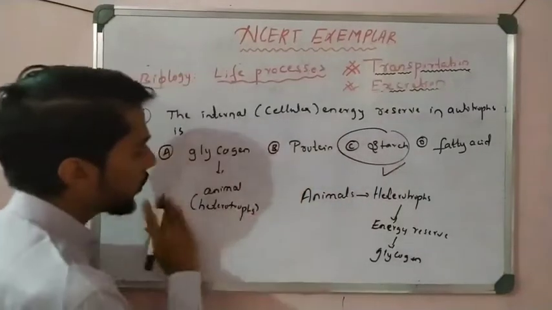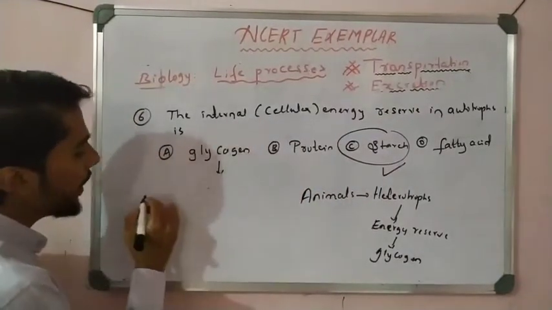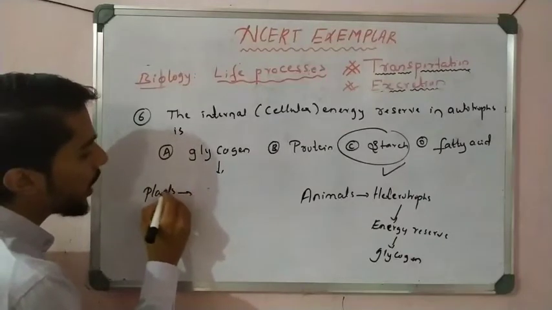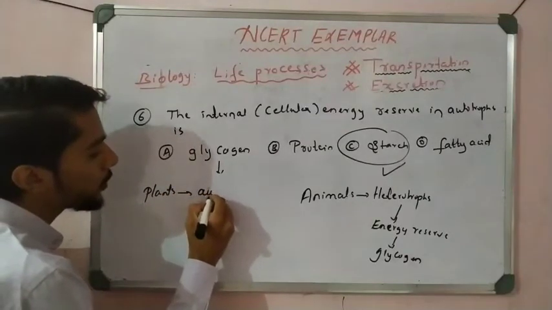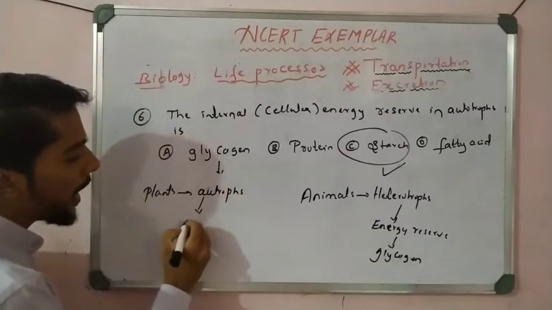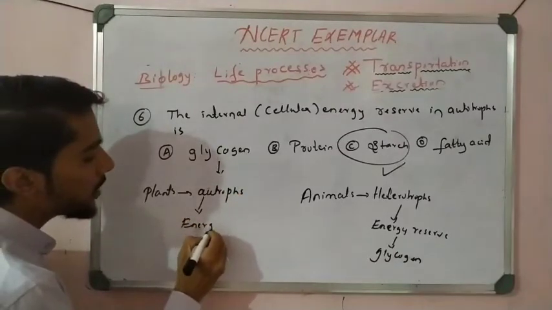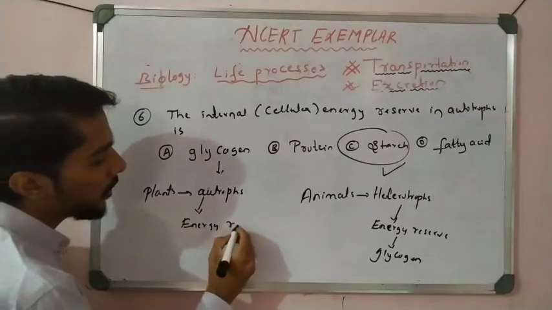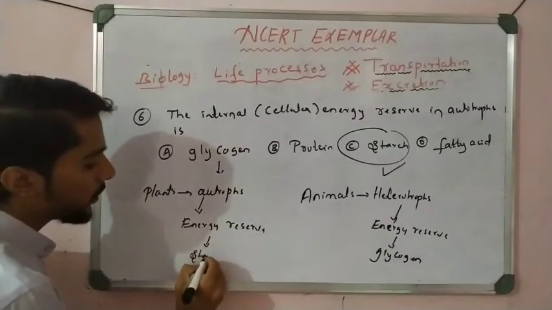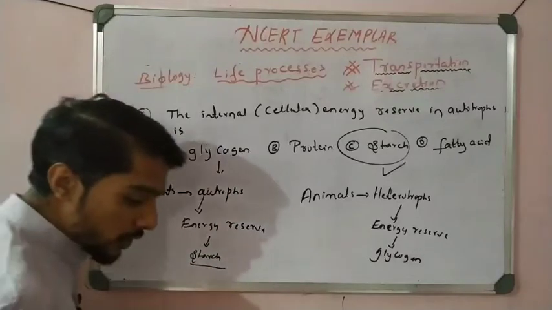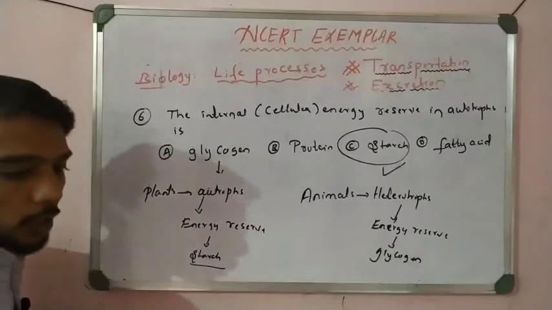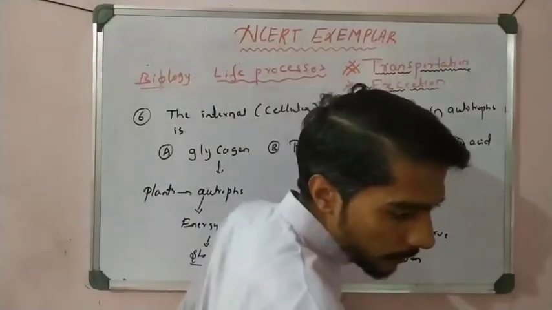Now in plants, in green plants, we also call them autotrophs, the energy reserve inside cells is stored in the form of starch. So this point has to be remembered, students. This is a very important point to remember.